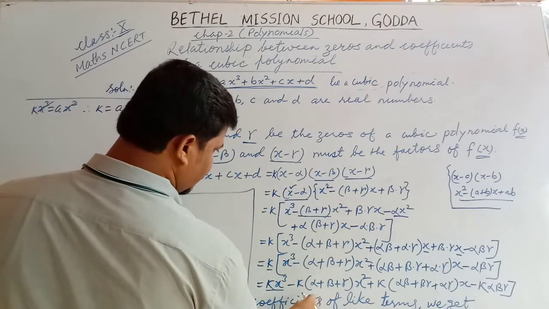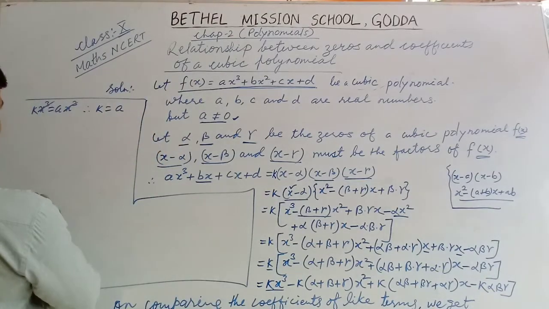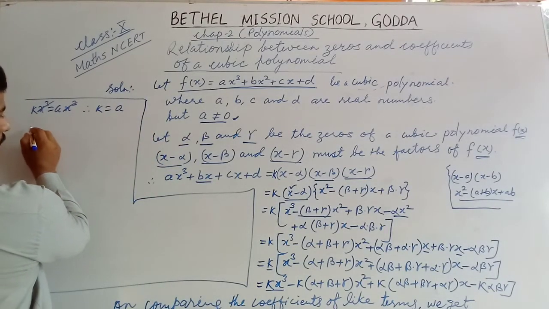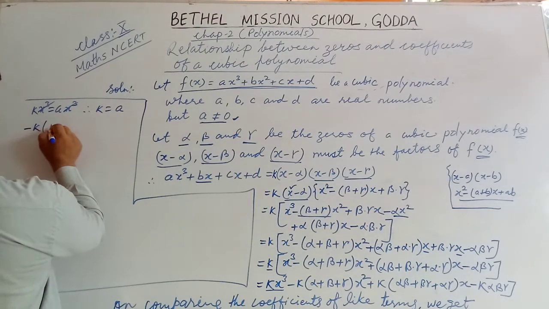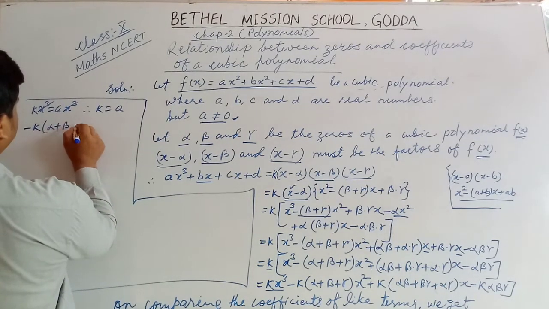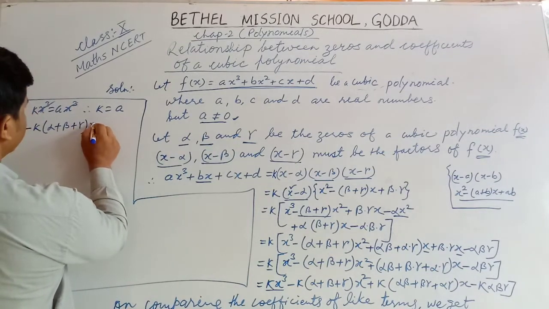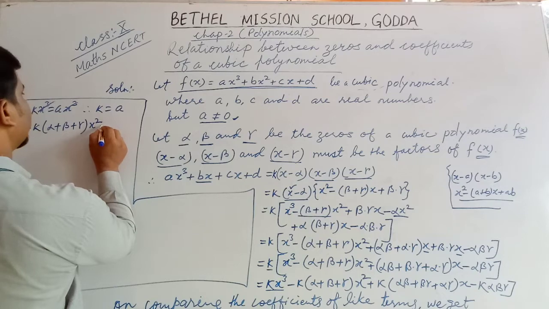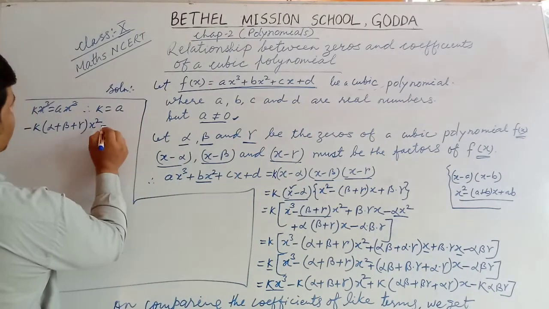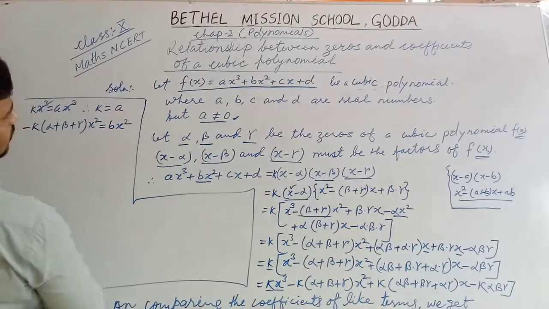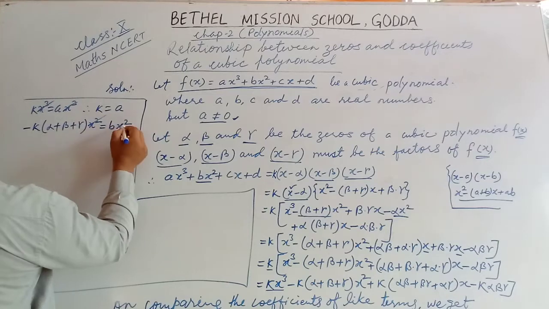After that, by this we will compare bx square. So minus k into alpha plus beta plus gamma into x square equal to bx square. So x square gone.